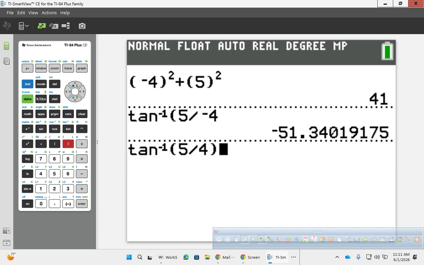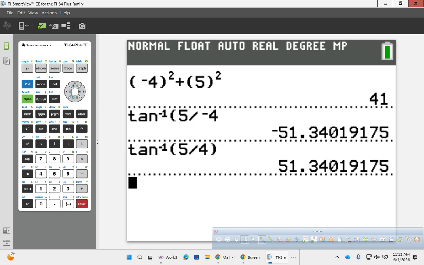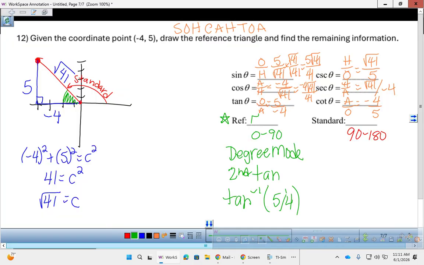All right, so my reference angle, it's the same thing. This takes away the negative. All right, so my reference angle is 51.34 degrees. That's the green angle. I want the red angle. What's the relationship between the red and the green? They add together to make 180.